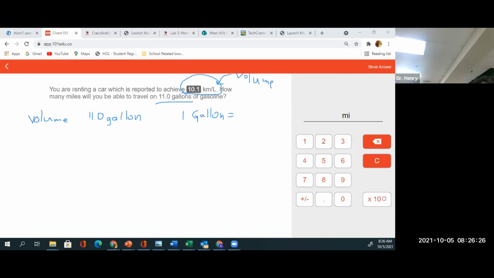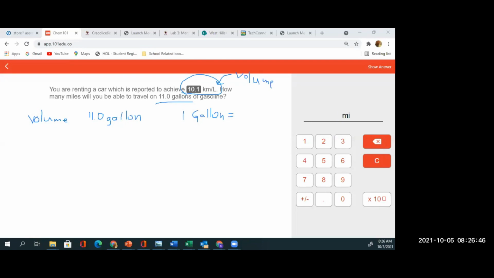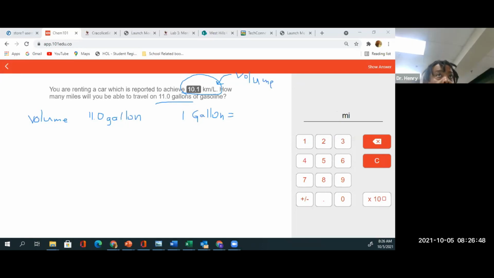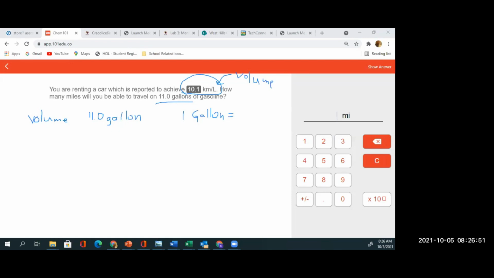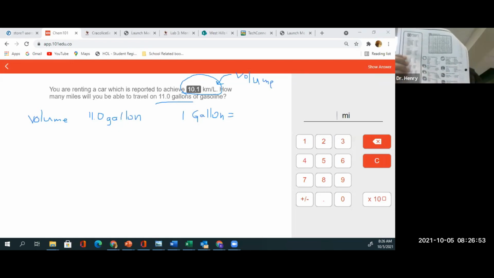You guys are working in groups. Did you guys see these packets, the chemistry packet? You printed it out? Okay, so if you go through there, there's a conversion table. It's on the second page. So if we look at it, we want to change liters to gallons.